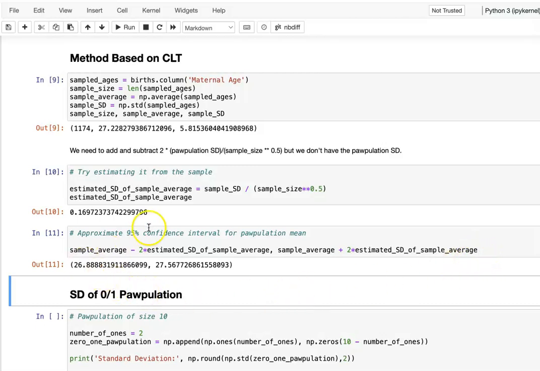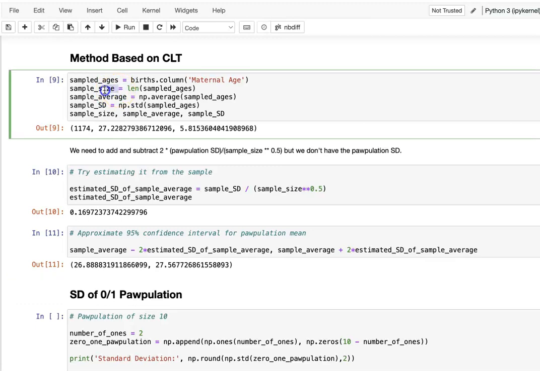Also, because we applied the central limit theorem and we only have one sample of data, we directly use the sample size, sample average, and sample standard deviation. So this value will be the same for everyone who applies the central limit theorem.